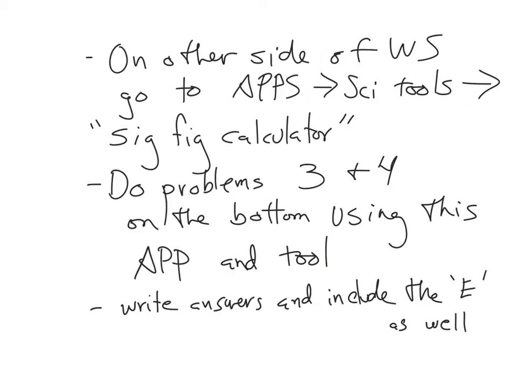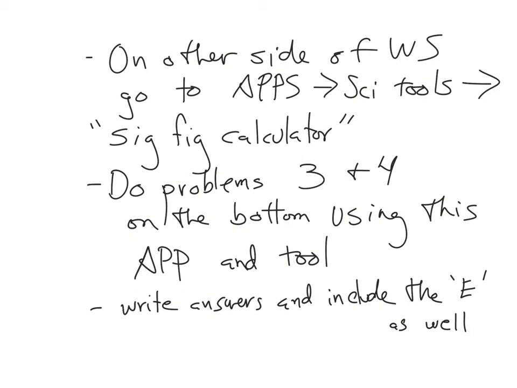So now flip over to the other side of the worksheet. If you have the TIs, you can use them. If you don't have a TI, you're going to have to share with the person sitting with you. I want you to go to Apps, Sci Tools, and then Sig Fig Calculator.